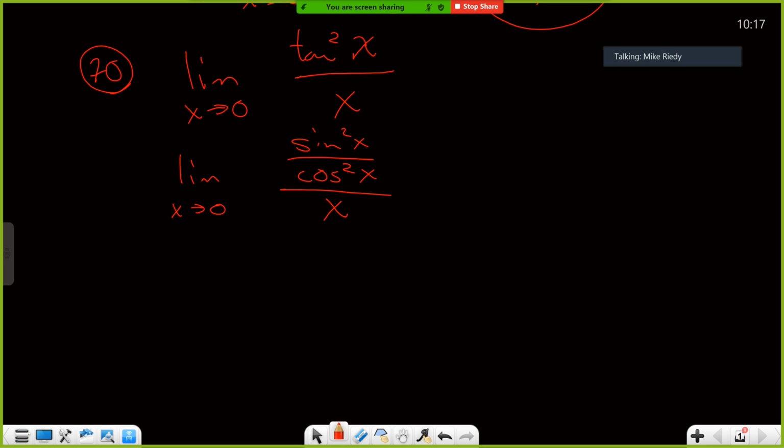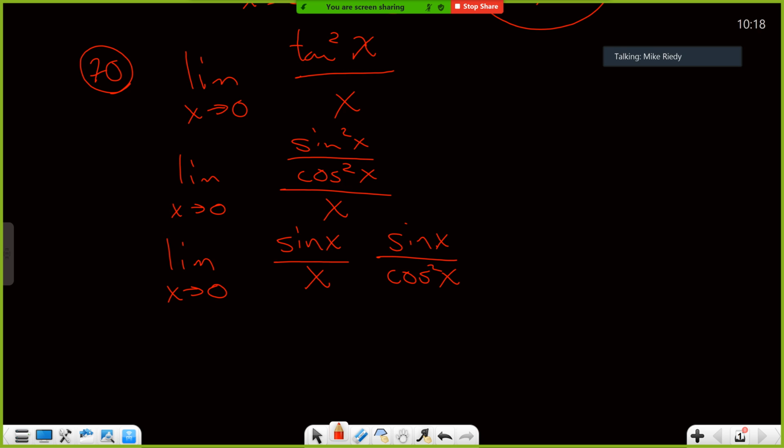Turn the tangent squared into a sine squared over cosine squared. Okay, then what? I'm winging this, by the way. Let's see. That is sine x over x times sine x over cosine squared x.